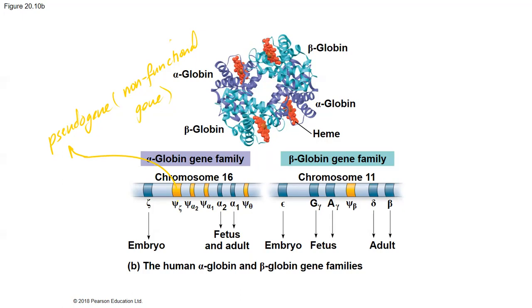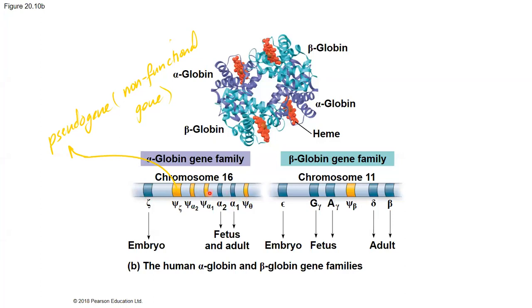For example, the alpha globin gene family is located in chromosome 16. And it consists of a number of genes.